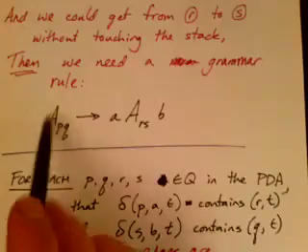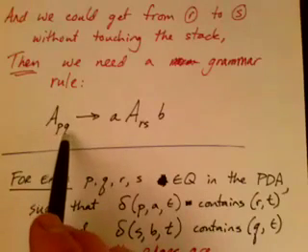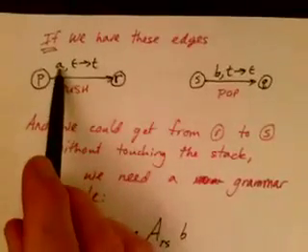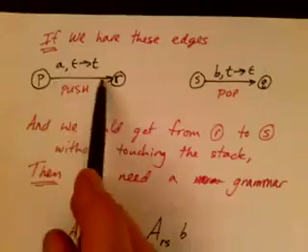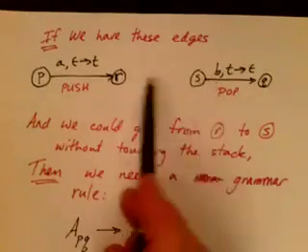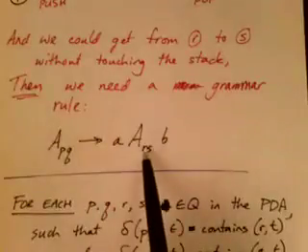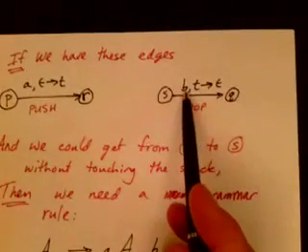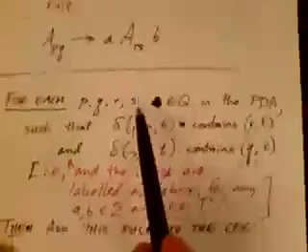The grammar rule has the left-hand side of a non-terminal A, P, Q, and the right-hand side is the input symbol A, possibly epsilon, whatever labels the push edge, and a non-terminal to get us from R to S, and the input symbol that labels the pop transition.